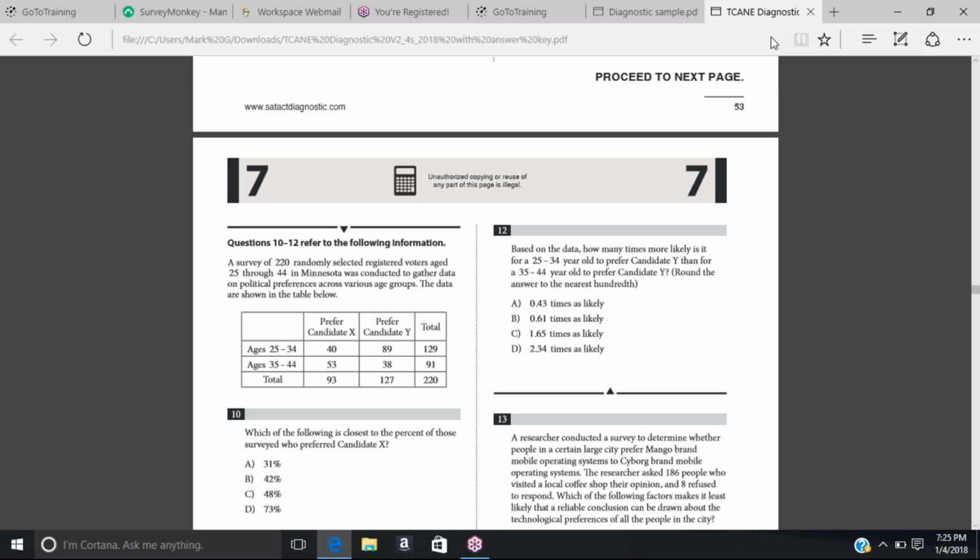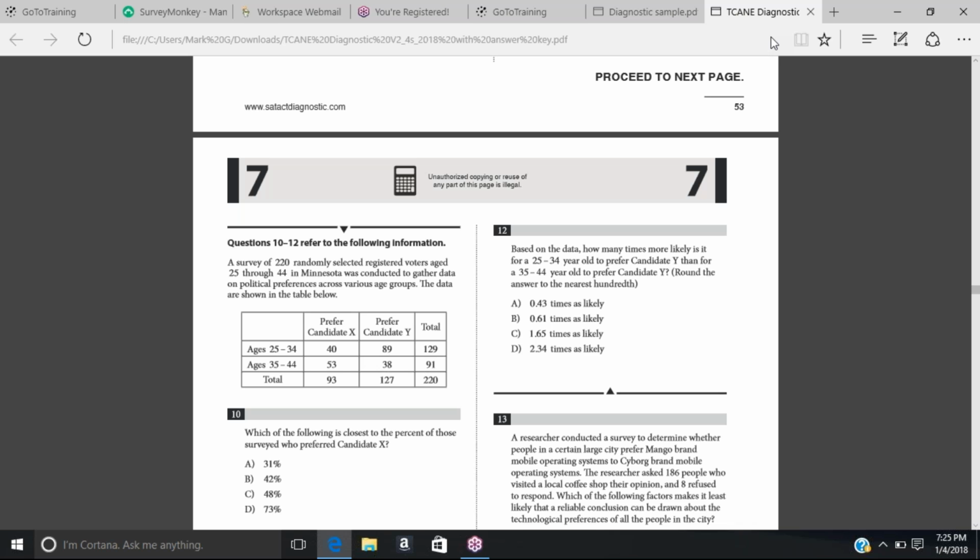Be careful. Because there are lots of numbers you could pick here. Being careful means following their English. Line 2 says in number 12, 25 to 34-year-old, okay, that's the top line in our graph, to prefer candidate Y, that's the middle column where the number is 89. 89 out of what? 89 out of 129 is the percentage preferring Bernie.